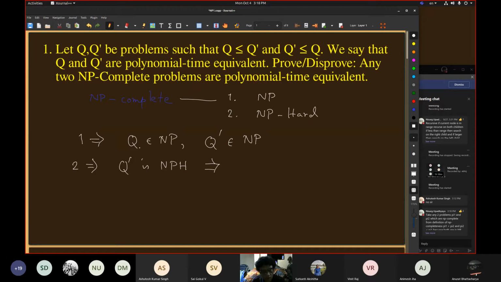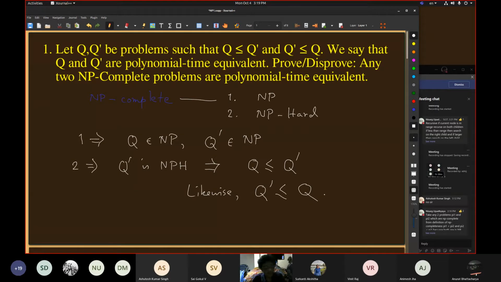So in particular, Q is a problem in NP, so Q also reduces in polynomial time to Q prime. So Q is less than or equal to Q prime by definition of NP hardness, and likewise, since Q is NP hard and Q prime is in NP, Q prime also reduces to Q in polynomial time.